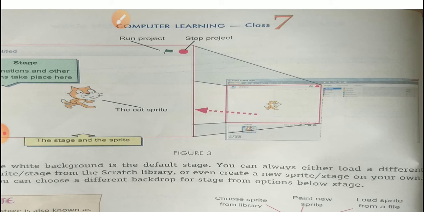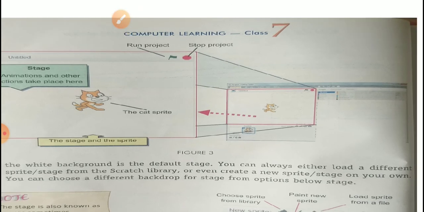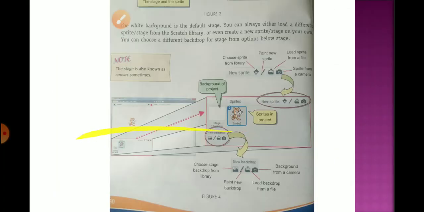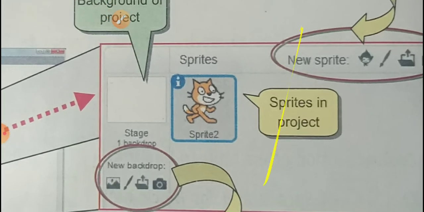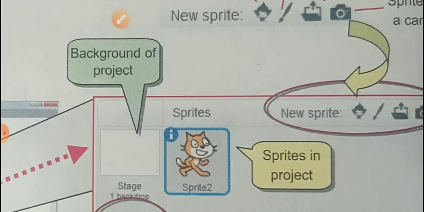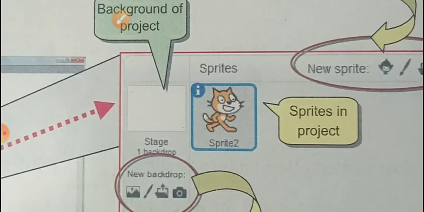The stage is also known as canvas with some elements. See here, the default sprite is cat. You can perform actions with the sprite. You can create stories or games or animations with this object.